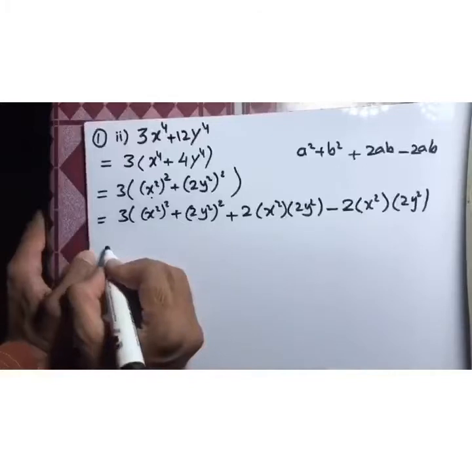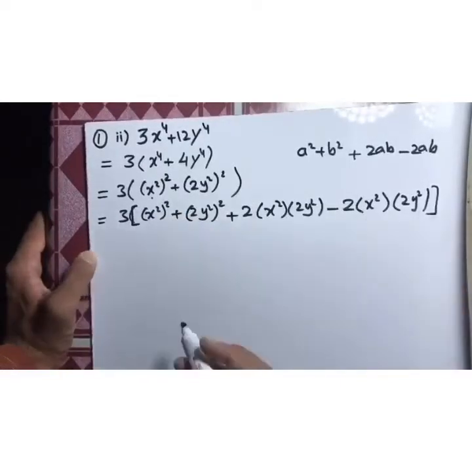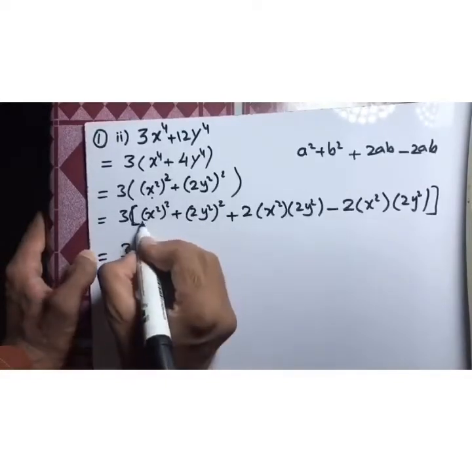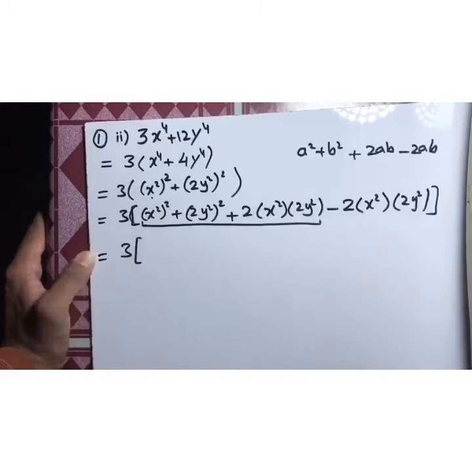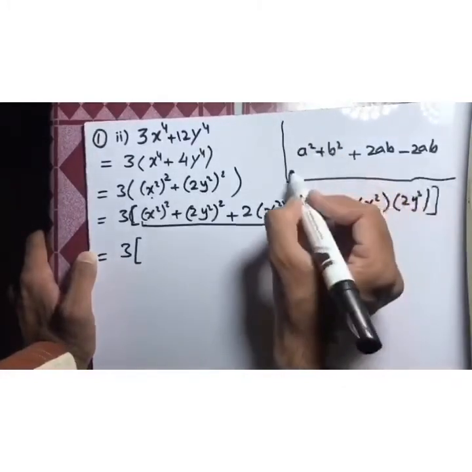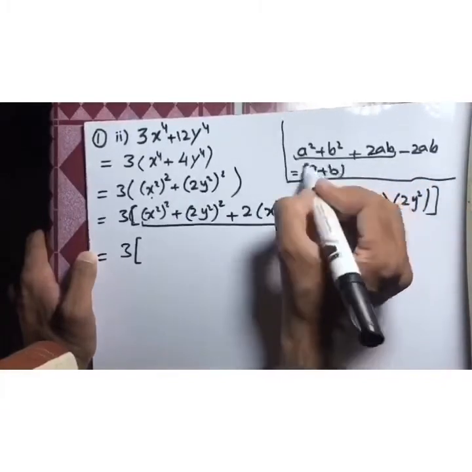Now here we take 3 common, so we write it in square brackets, 3 square bracket. You can see this is becoming a formula of a complete square like this. We can write this as a complete square of a plus b whole square.